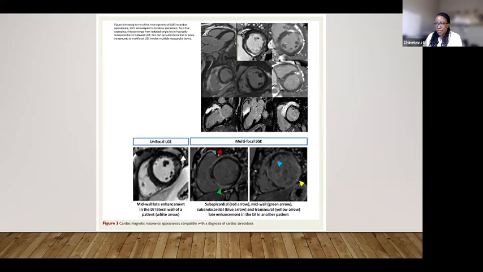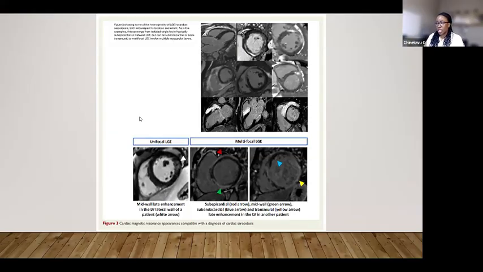You can have extensive subepicardial enhancement. You can have RV-only enhancement. You can have this hook sign that involves the anterior and the septal walls of the left ventricle, but also goes on to involve the right ventricular apex. And this is quite specific for cardiac sarcoidosis.